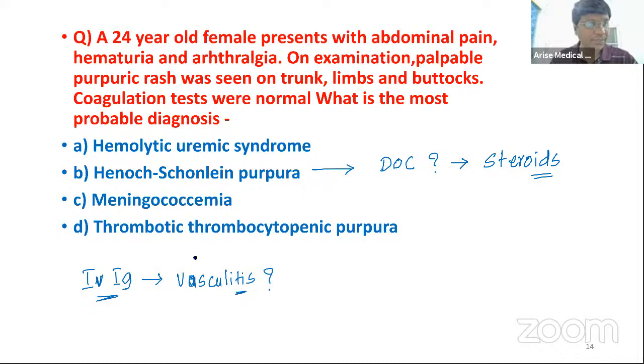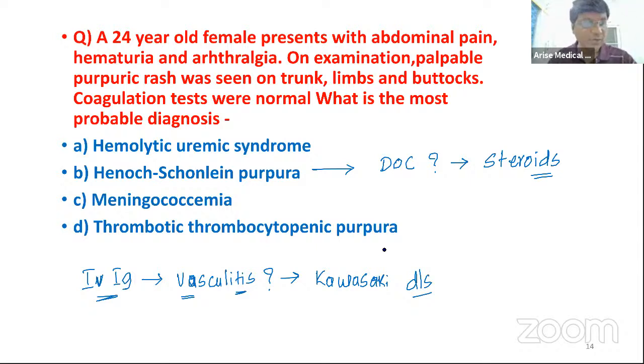Right. So this IVIG is given in case of Kawasaki disease. In case of Kawasaki disease, we give this particular IVIG, intravenous immunoglobulin.